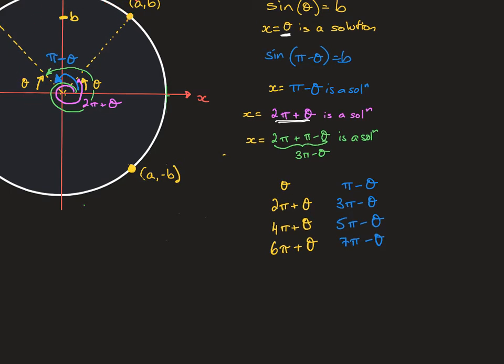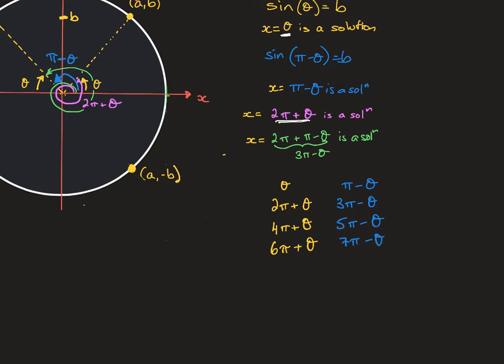So we've got theta, theta plus 2 pi, theta plus 4 pi, theta plus 6 pi. What we're generating here are even numbered multiples of pi plus theta. This second column shows you all of the solutions that I've generated from my second solution point up over here, which is now off the screen. Each time from here to here, we're adding 2 pi. You can see that it's going up by 2 pi.